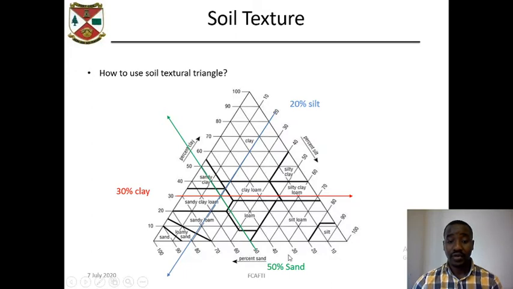The example said that Mr. and Mrs. Madolo's soil contains 50% sand. So you are going to draw a line from the bottom, from this 50%, diagonally upwards towards your left hand side.